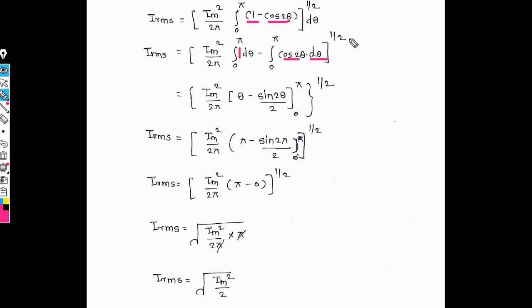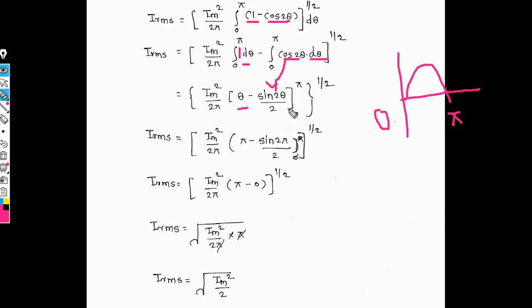The integration of d theta is theta, and the integration of cos 2 theta is sin 2 theta upon 2, from 0 to pi, because we are taking only half a cycle.